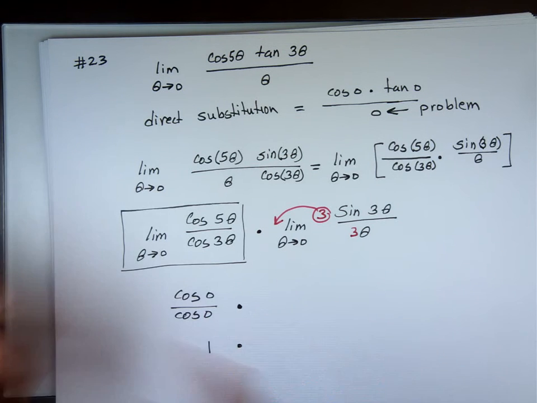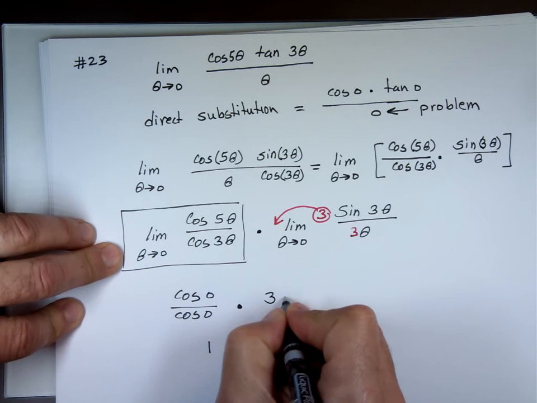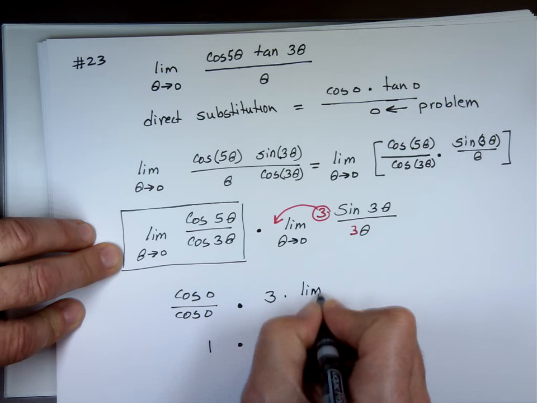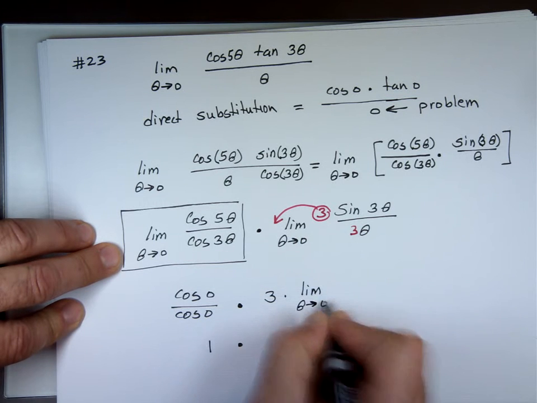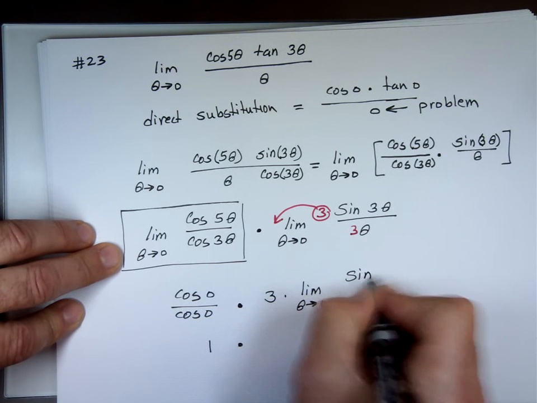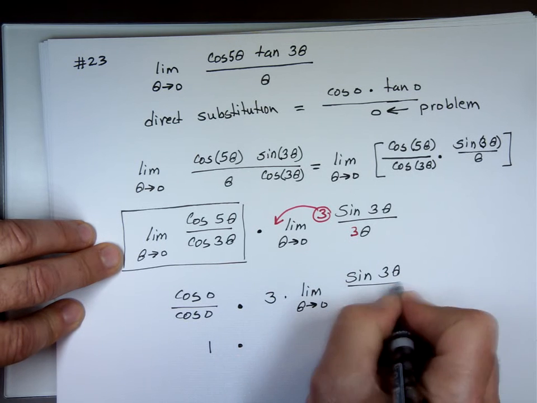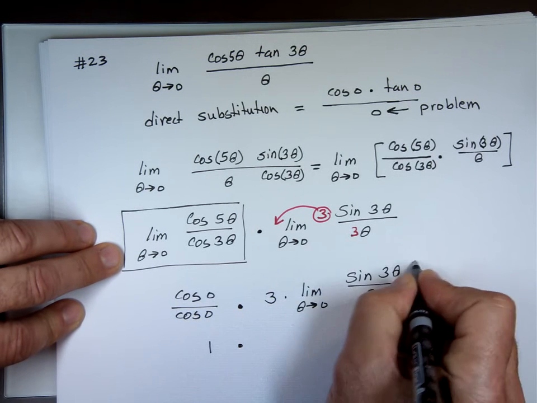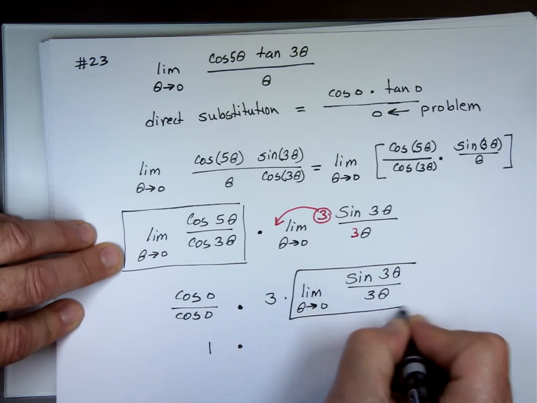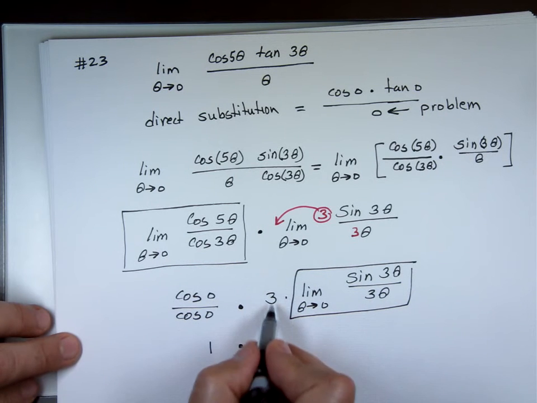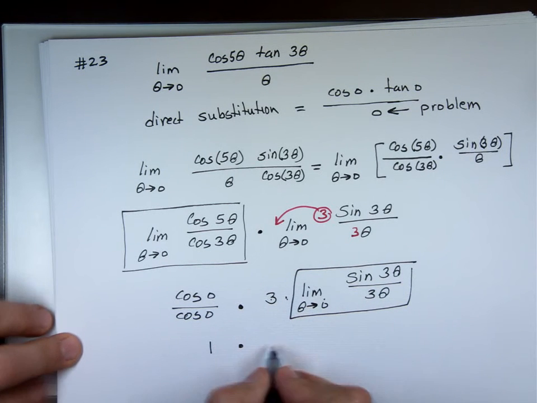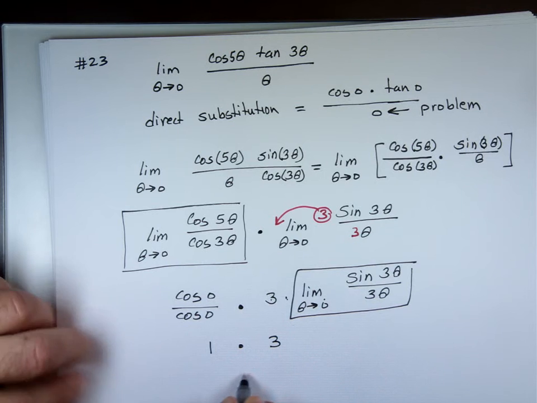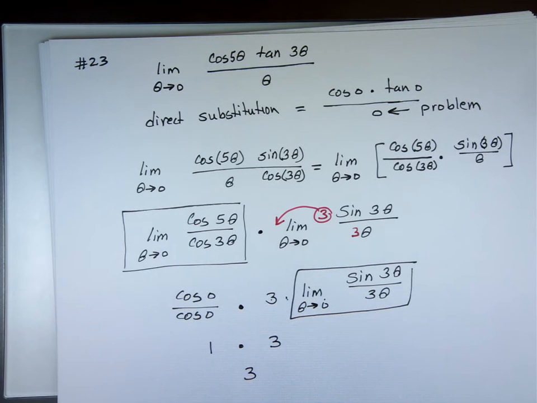This will be 3 times the limit as theta approaches 0 of sine 3 theta over 3 theta. And I know the answer to this is 1. So what is 3 times 1? 3. What's 1 times 3? 3. So my final answer to that question is actually a 3.